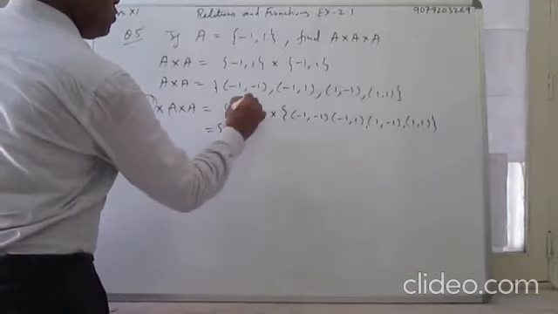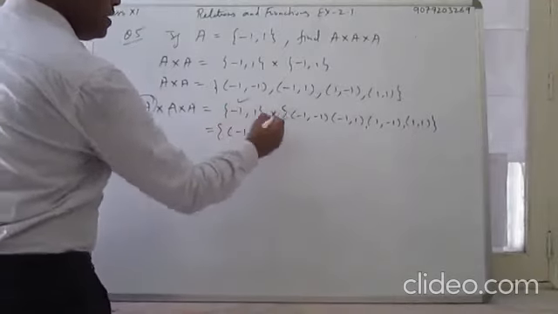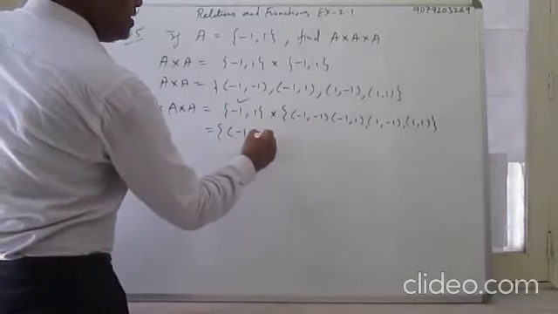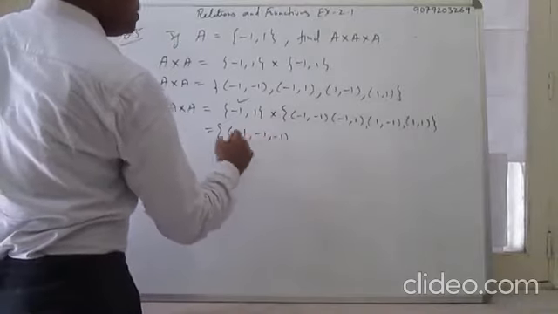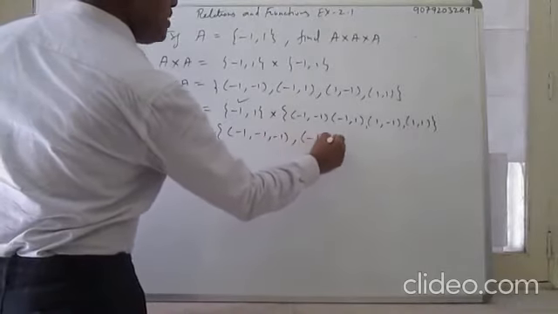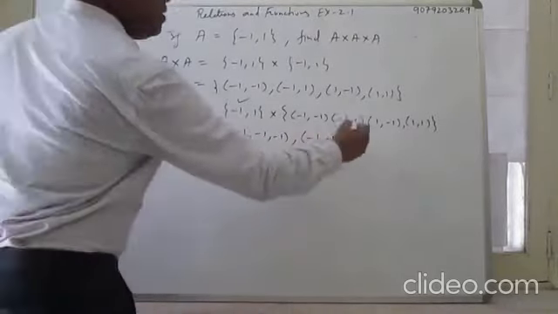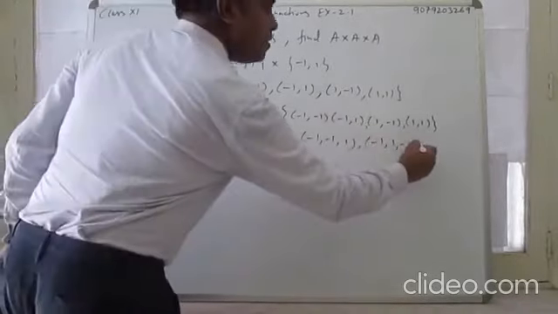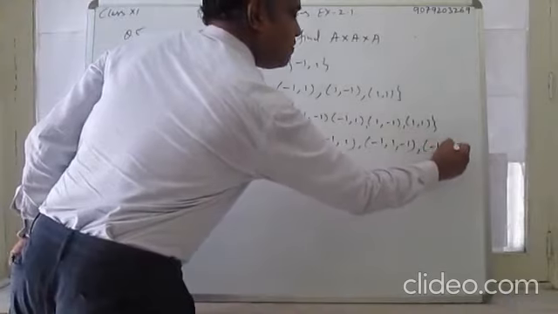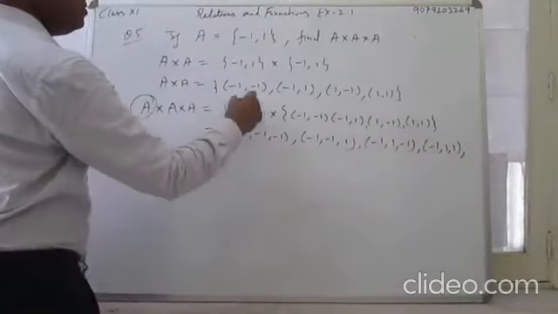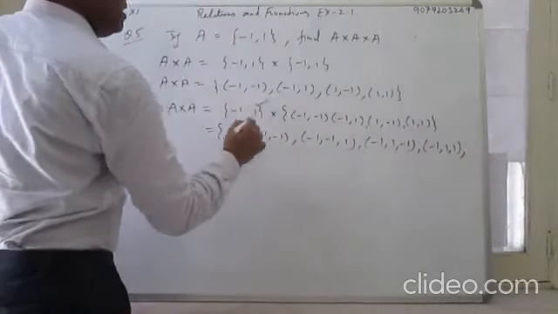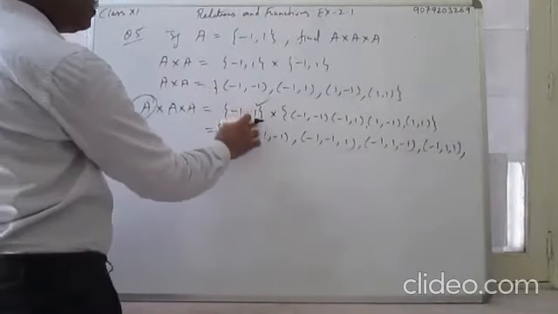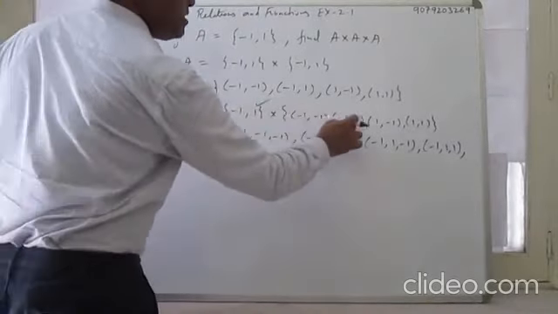Now take this: -1 with (-1, -1), (-1, 1), (1, -1), (1, 1). Now take the second element of the first set and these are the second elements.